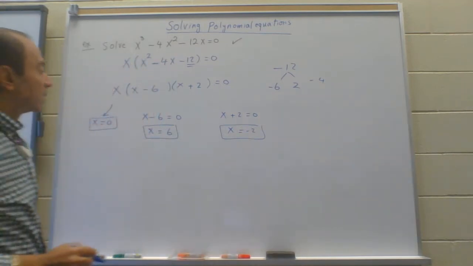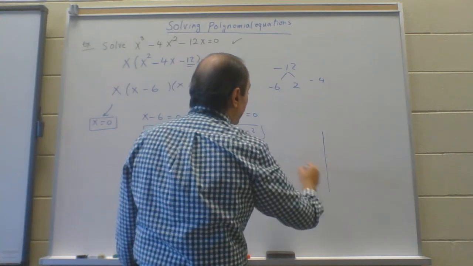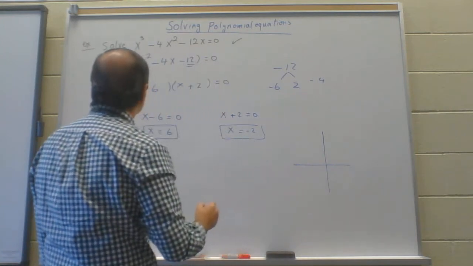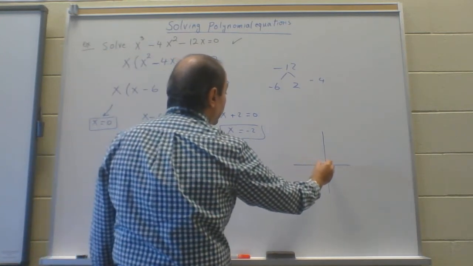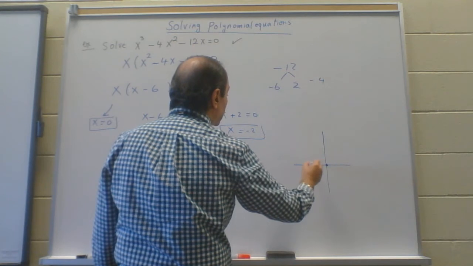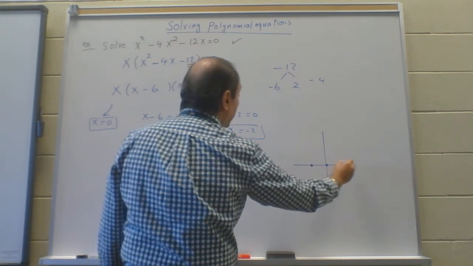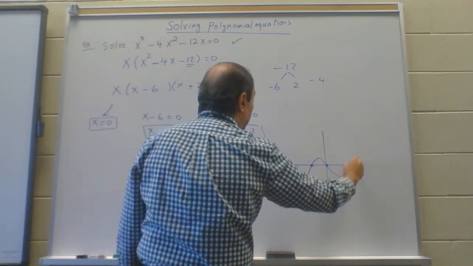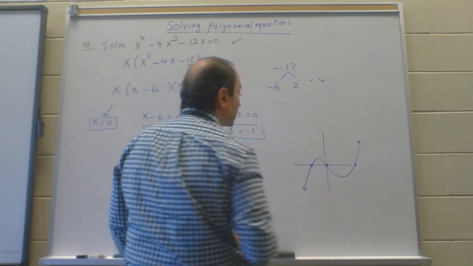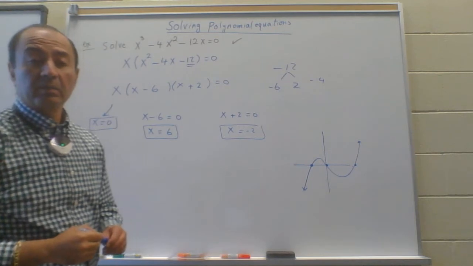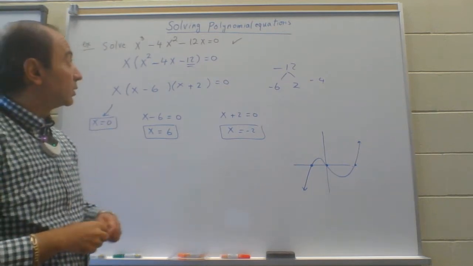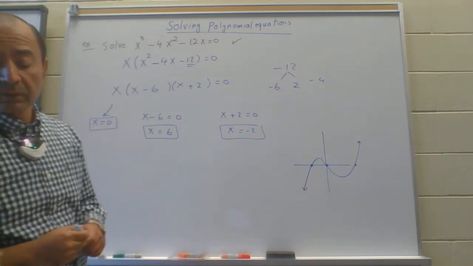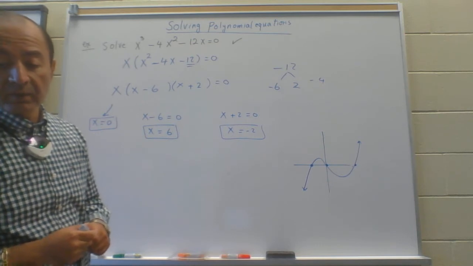That means if we sketch a graph for this polynomial, it will have three zeros at 0, negative 2, and 6, and probably the curve will look like this. Okay, this is what we mean by solving a polynomial in that way. Okay, this is the first example.